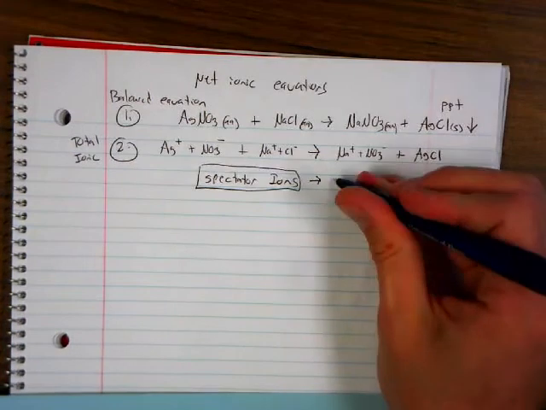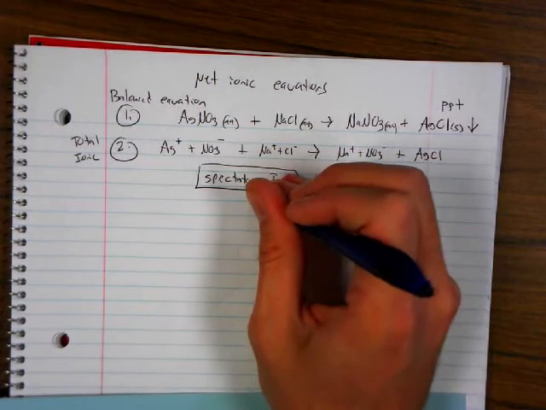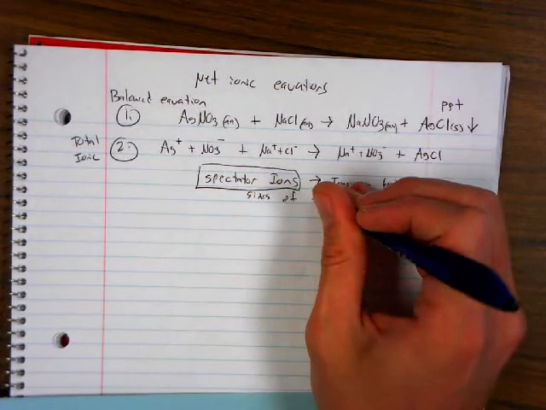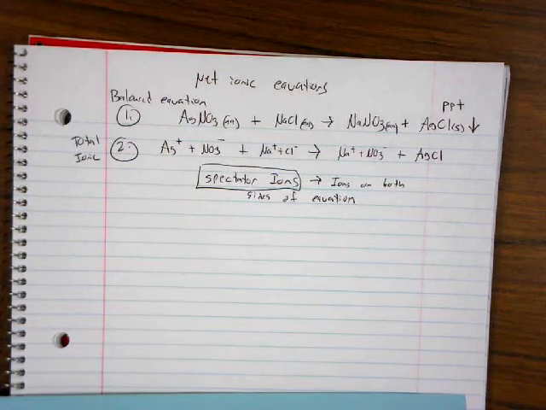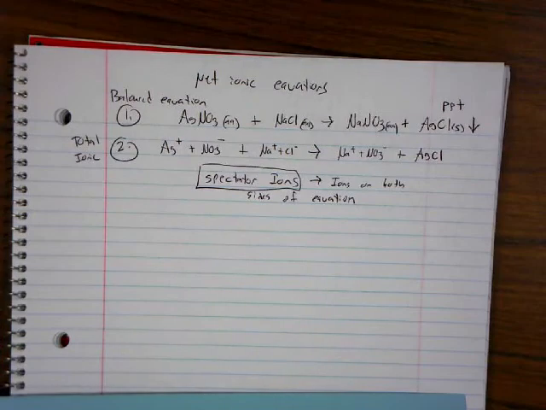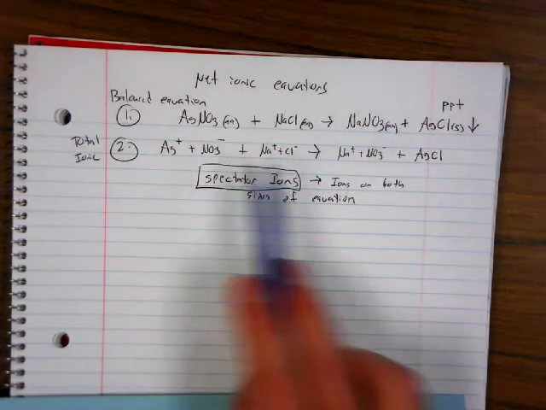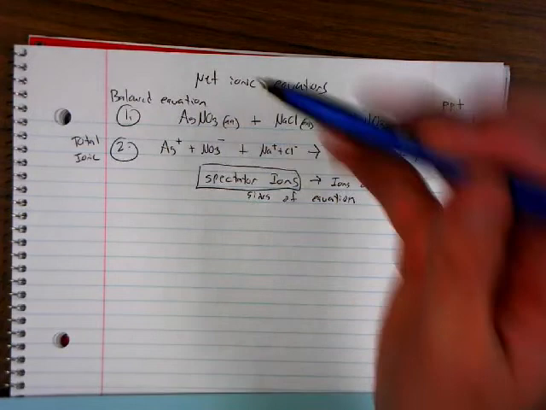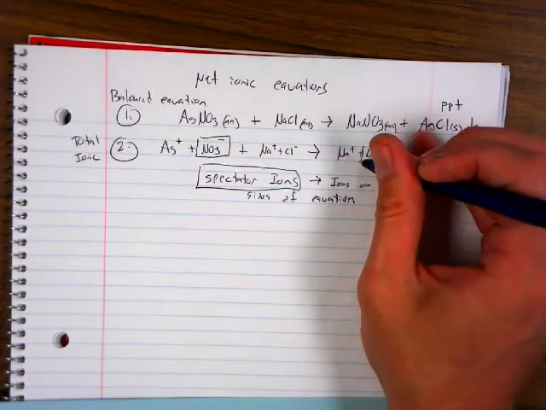At this point, I need to determine what are my spectator ions. The most basic definition is ions on both sides of the equation. These are things that are in my paycheck that don't matter for the end. They're just taking it away.